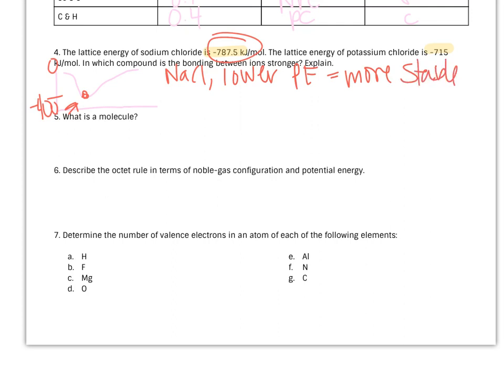Okay. Number 5 asks, what is a molecule? So remember, a molecular compound is made up of nonmetals. So it's just the neutral group, meaning it doesn't have a charge. Because if you think about it, ions or ionic compounds have a charge. Molecules don't.